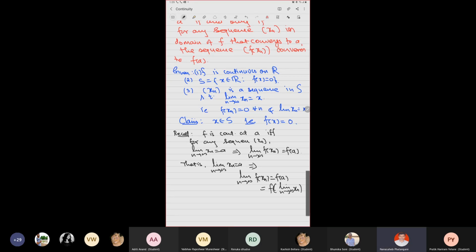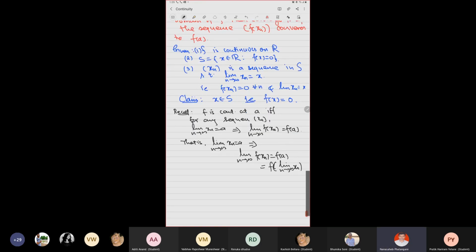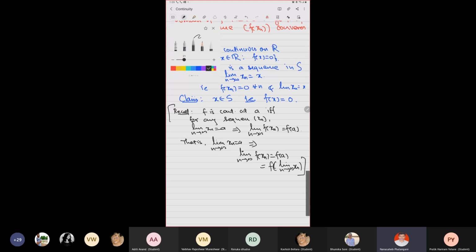So if xn converges to a, then we can interchange limit and f. The limit of f of xn means we first apply f and then the limit. On the right hand side, we first apply the limit and then the function. So we can interchange limit and function. This is the meaning of the sequential criteria.